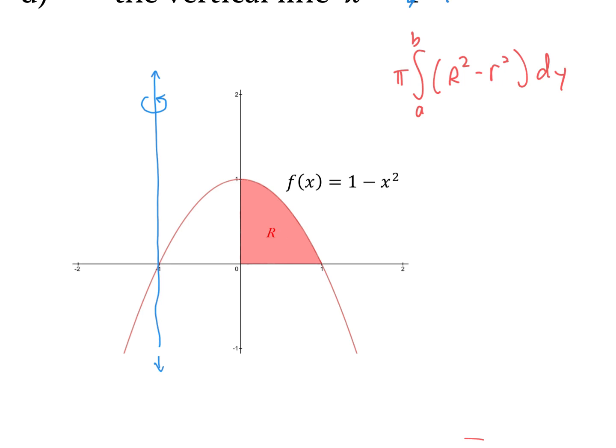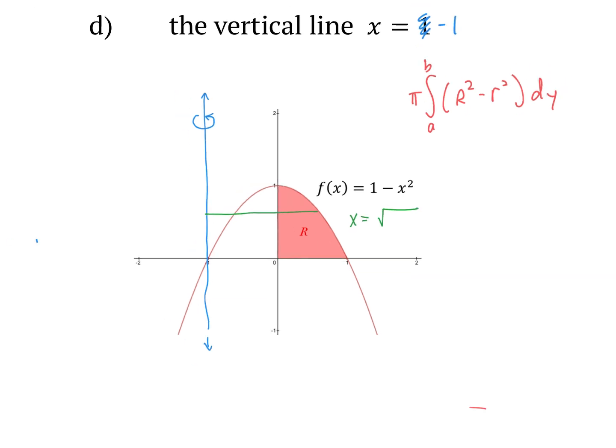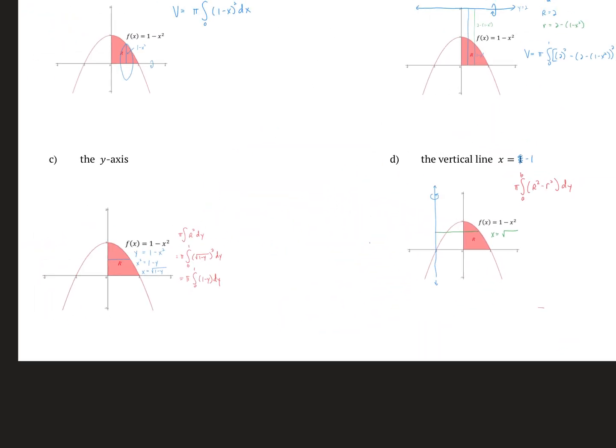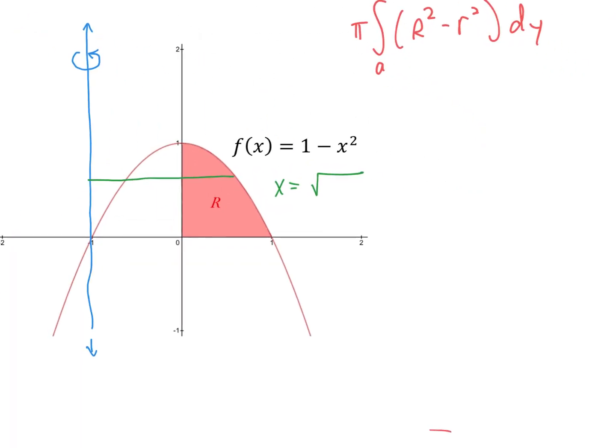So real quick, this distance from the axis of rotation to that line is changing. As you go down the function, this is going to change, so this will be a function of y, and we already know that x equals the square root of 1 minus y.